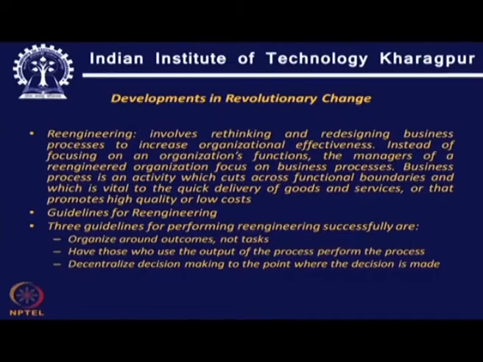The guidelines for re-engineering are, first, we should try to organize around the outcomes and not the tasks, like what we have to deliver. That should be the first thing that we focus on, and then what we have to deliver and when, and then we will try to map other things to it.